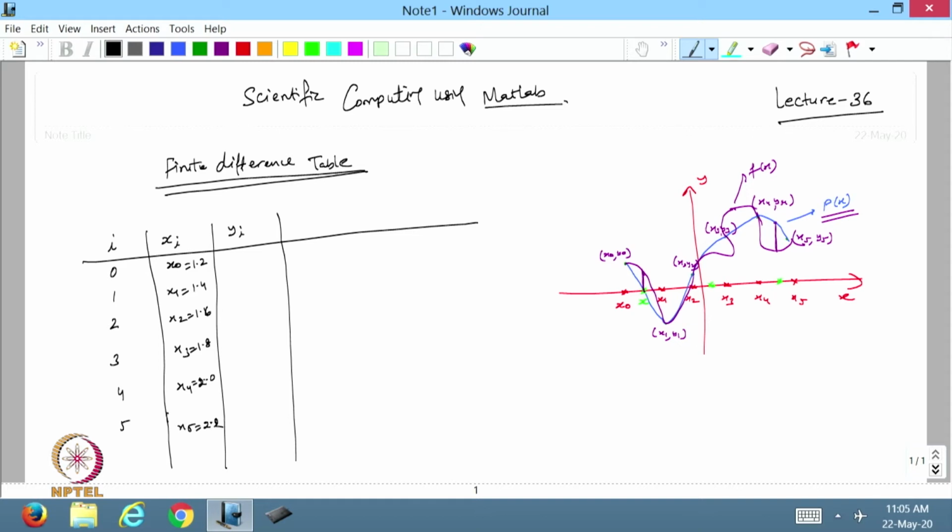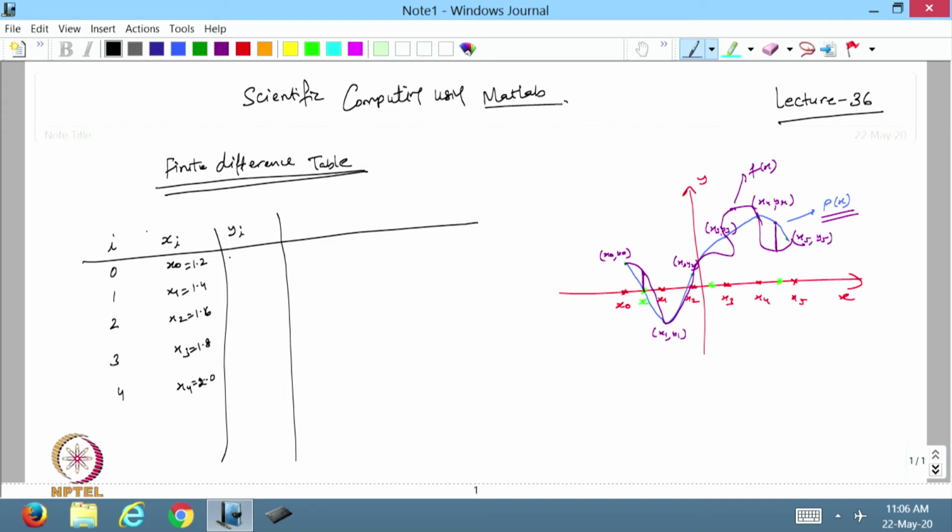Because I am dealing with 6 values, this table will be very large. So, I will just remove one value. The larger the number of values, the bigger this table will be. So, I will take only 5 values.